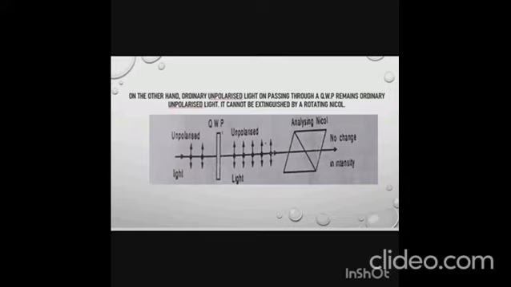When the circularly polarized light is observed by rotating a Nicol, it shows no variation in intensity, like unpolarized light. So by rotating the Nicol, the circularly polarized light remains like unpolarized light. If circularly polarized light is passed through a QWP, it is converted into plane polarized light.